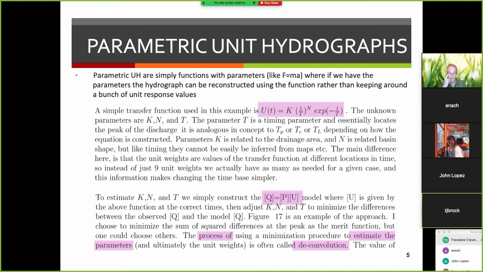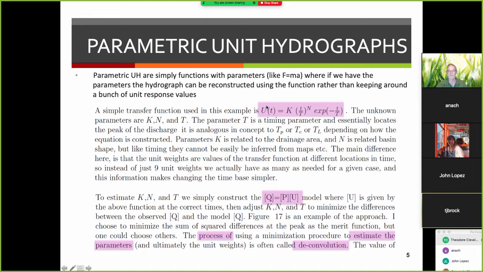If we have the parameters of the hydrograph, we can reconstruct it using the function rather than keeping around that vector of response values. Using that 10-day example, that 14,000 plus length vector.